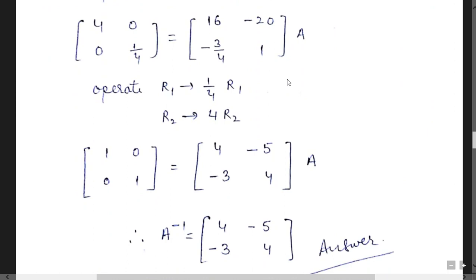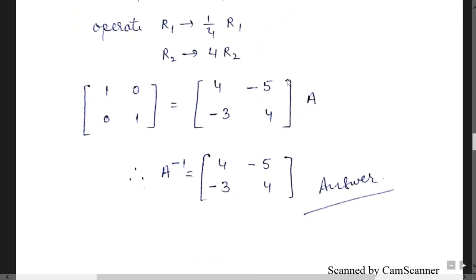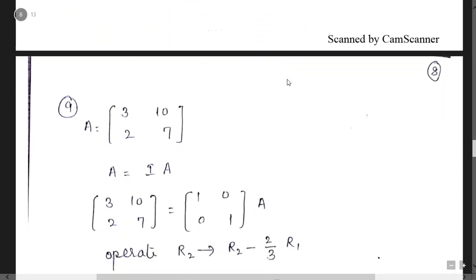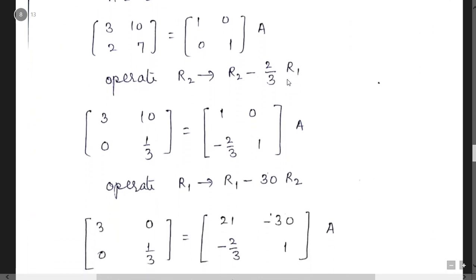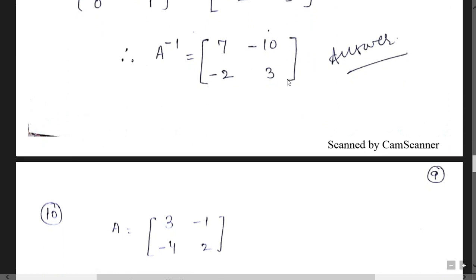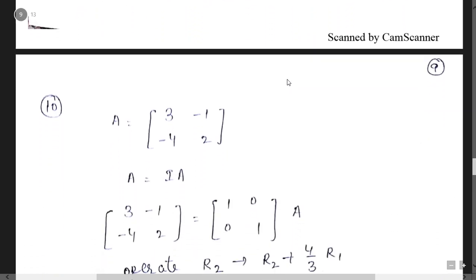You can discuss in the comment box by writing comments if you find any problem. Question number 9, it's again the same. Question number 10, it's again the same one.